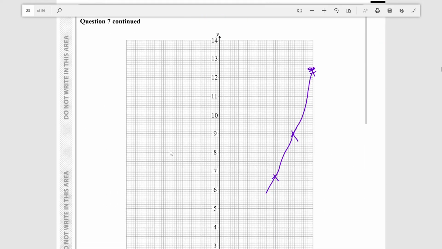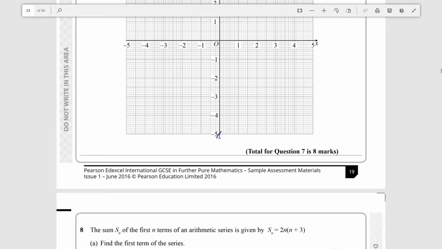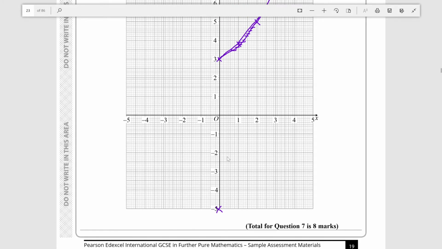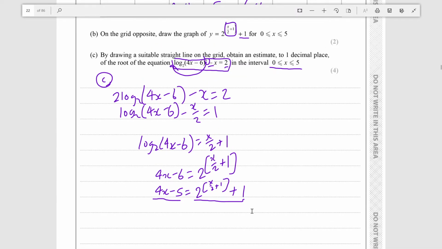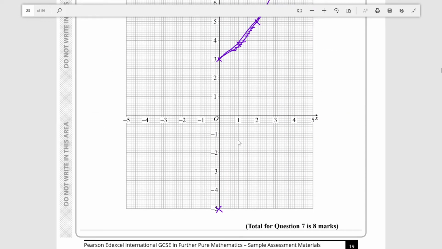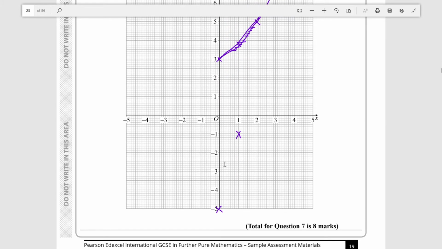It's 4x minus 5, so the y-intercept is at minus 5. And then I suppose if we rise over run, 1 would be equal to minus 1. Then I suppose it will intersect quite steeply.